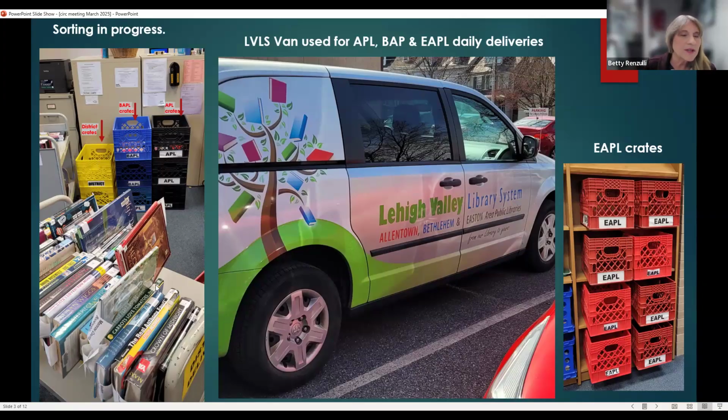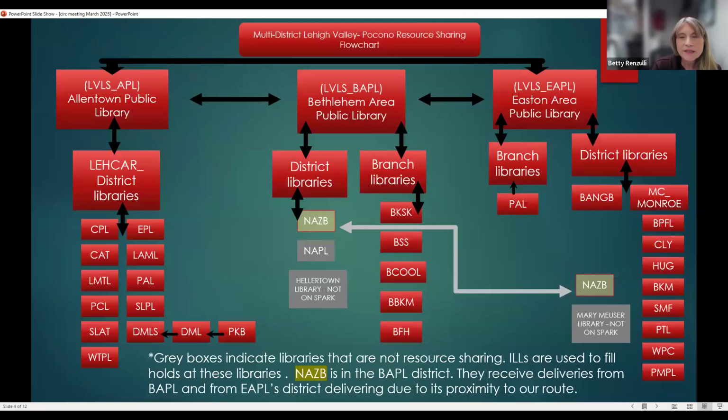We've emptied them out and sorted through them. So this is one example of how we are sorting through and delivering our items to the libraries. This is a little bit of a flow chart that shows how we send our stuff.